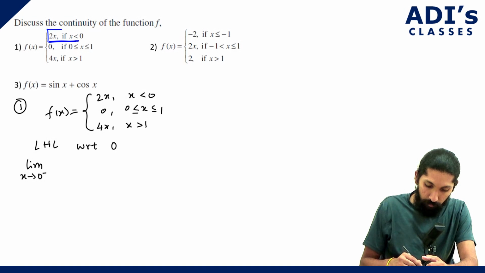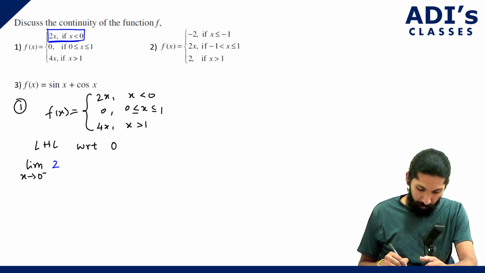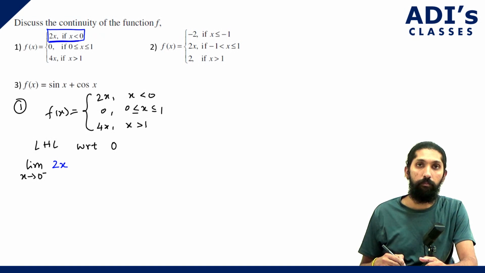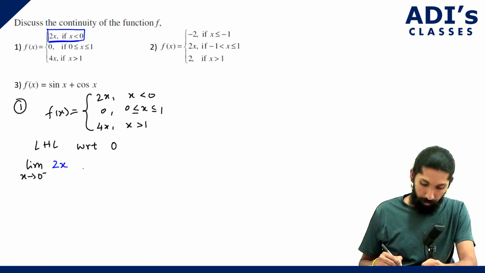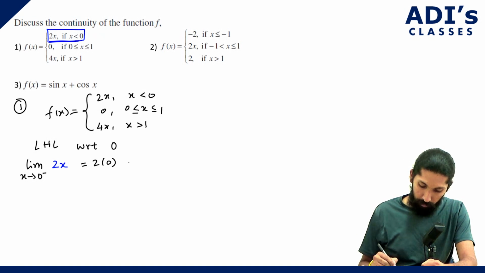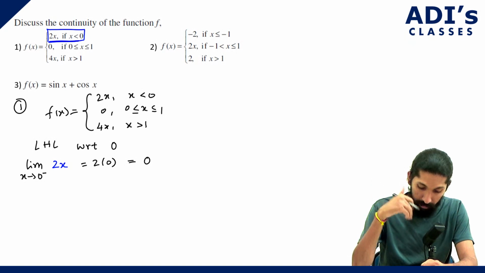Correct? So this is going to give me 2x. Since it is 2x, if you apply the value, you are going to get 2 times 0, which is nothing but 0. So well and good. We got LHL as 0.